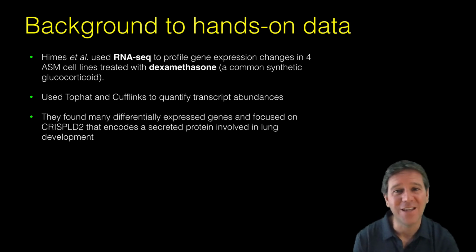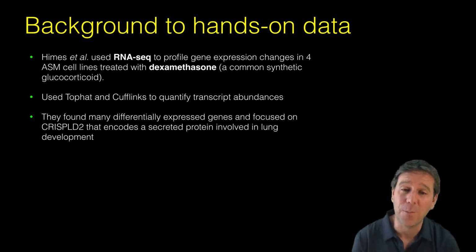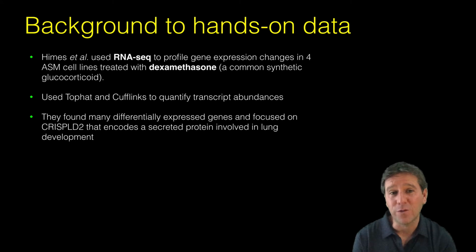They focused in on just one gene that they found. Well, they actually found many genes that were differentially expressed or differentially regulated upon the treatment with these compounds, but they really focused the remainder of their manuscript on one gene called CRISPLD2 that encodes a secreted protein that they had previously found was involved in lung development.